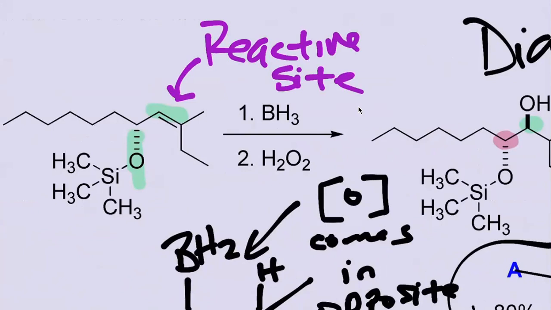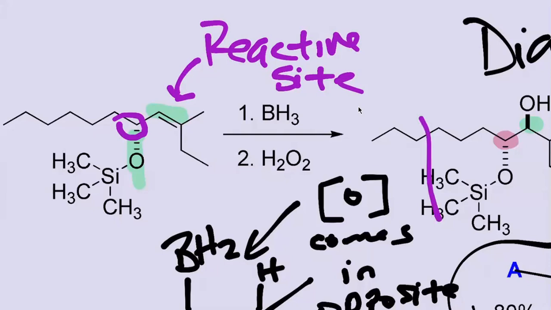The pre-existing stereo center is next door to it. So the closer that stereo center is to the reactive site, the more impact it's going to have on the outcome of the product distribution, because you're going to get an unequal mixture of stereoisomers. If you move it further away, then it's going to change the outcome. Sometimes it's drastic how much the outcome changes.